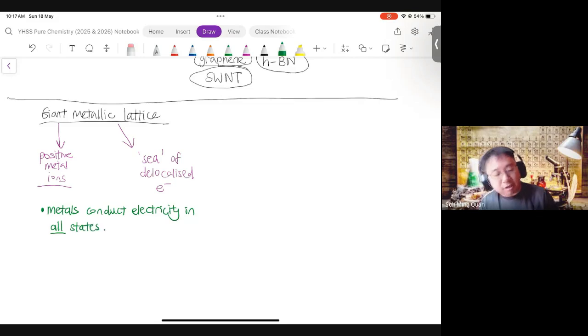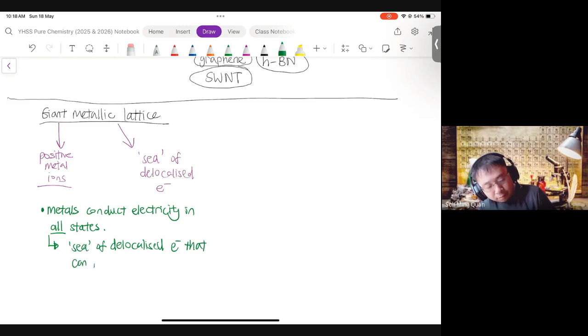It doesn't matter whether solid, liquid, or gas. Metals are going to conduct electricity in all states. And this is because they already have a sea of delocalized electrons within the giant metallic lattice that can move freely to conduct electricity.